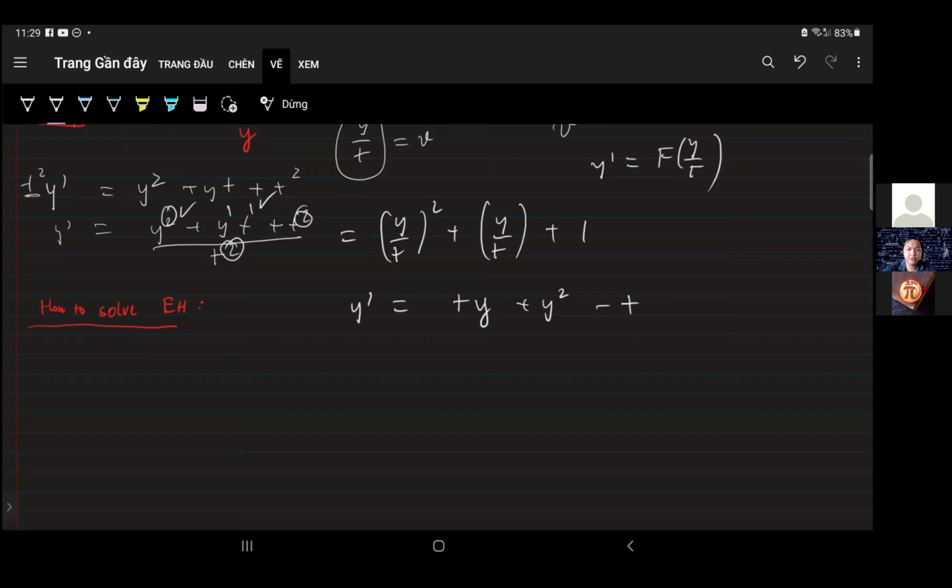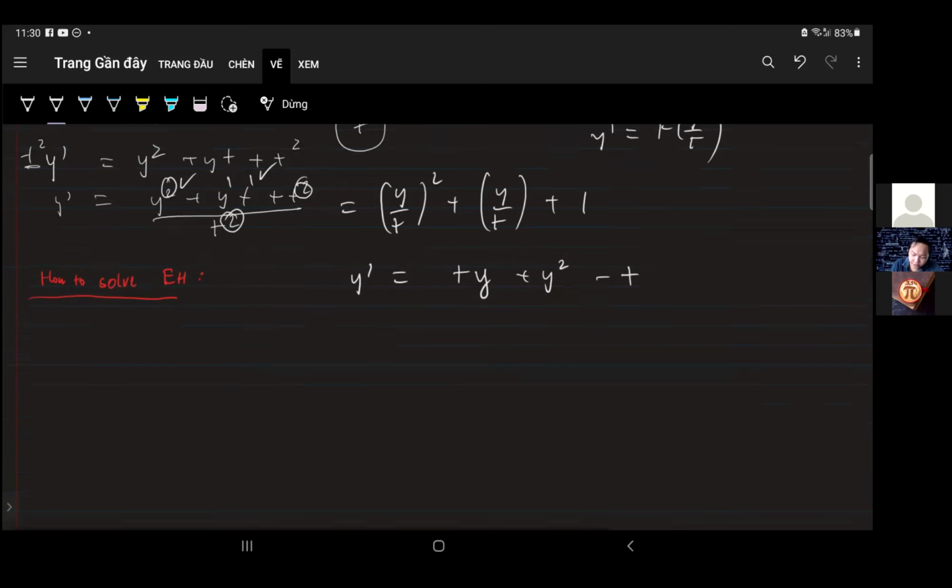Okay, good. 2 votes for no. Good job. 3, 4, 5 no. Very good. Okay, so it seems that everybody chose it's not an Euler homogeneous equation.